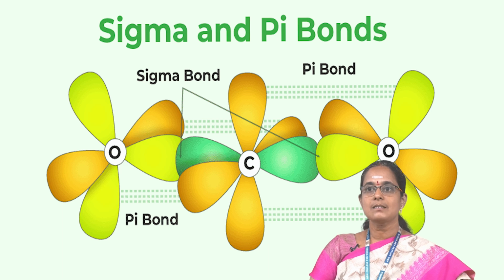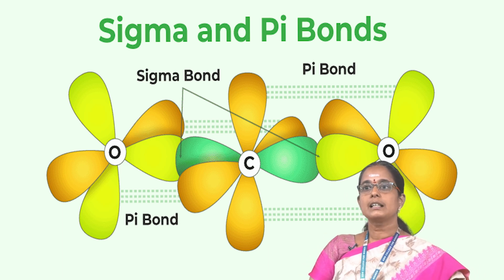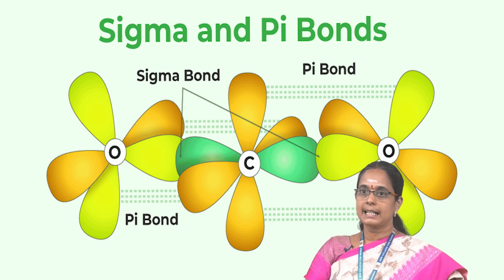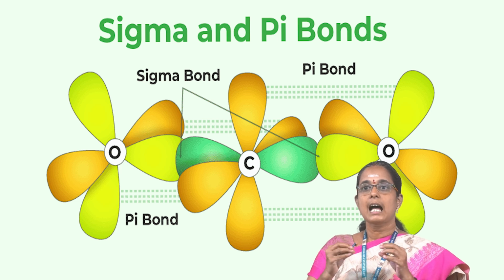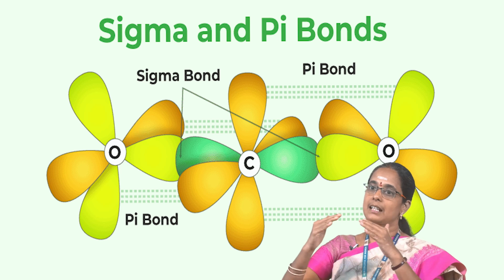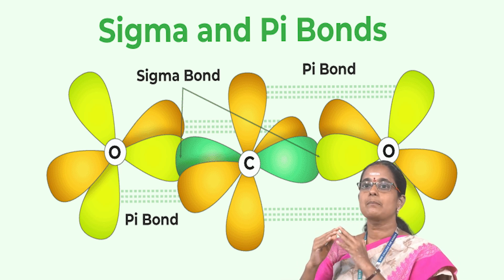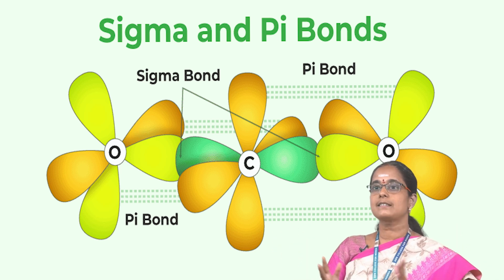The example is the oxygen molecule. In the oxygen molecule, the 2 oxygen atoms share electrons in a head-on overlap to form a sigma bond, and a side-wise overlap to form a pi bond. Thus, in the oxygen molecule, 2 bonds are formed.